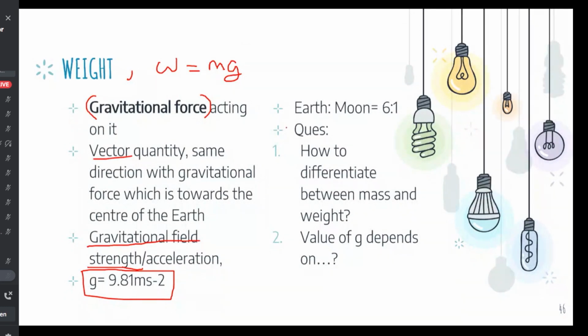For the ratio of Earth to the Moon, it's actually 6:1, meaning if on the Moon I am 100 Newton, what's my weight on the Earth?